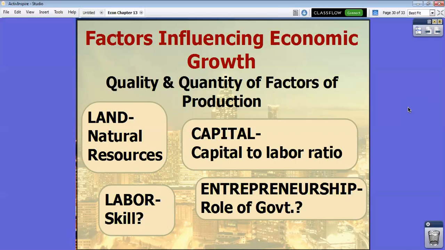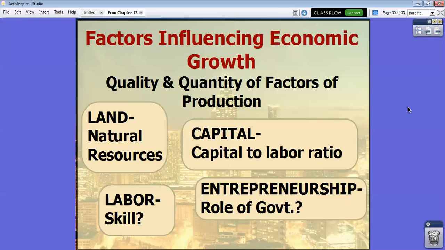Labor, there is a heavy emphasis in the United States on education. So we produce labor that is very skilled because we offer the ability for labor to add to their skill set.